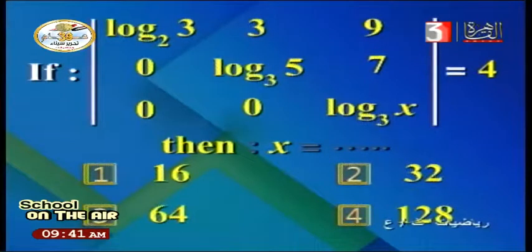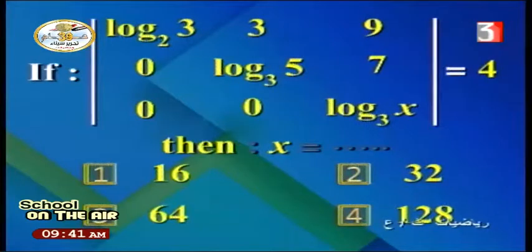What are the main diagonal elements? Log 3 for base 2, log 5 for base 3, log x for base 3. Therefore, we deduce that log 3 for base 2 times log 5 for base 3 times log x for base 3 must be equal to 4.